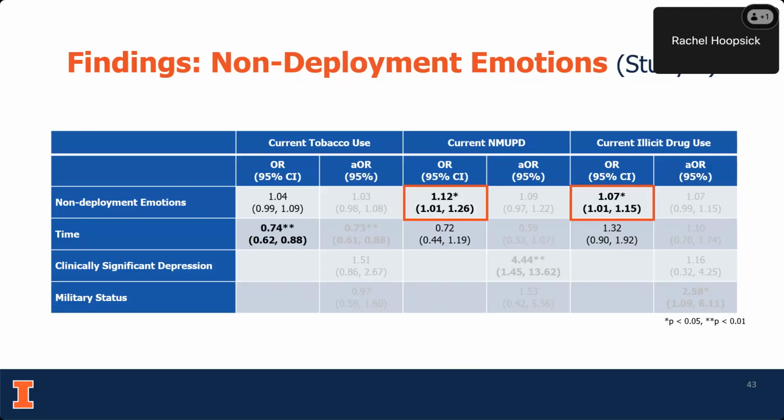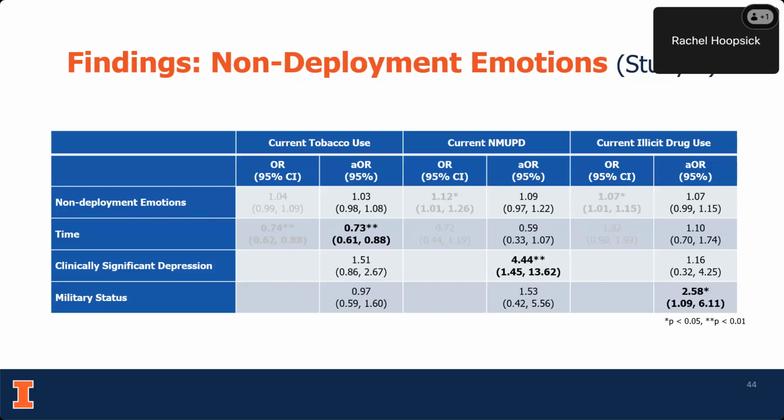In our unadjusted models, the worse that soldiers felt about never being deployed, the greater their likelihood of non-medical use of prescription drugs and illicit drug use over time.